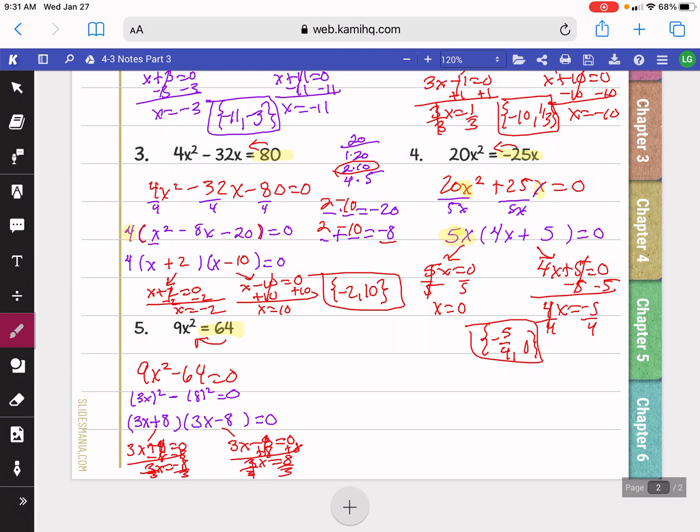So here I'm getting negative 8/3 and positive 8/3 as my solutions. And I'm just going to put those in a solution set.